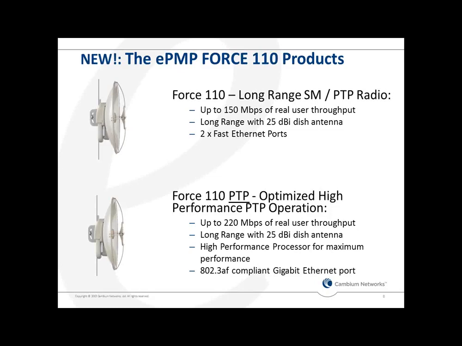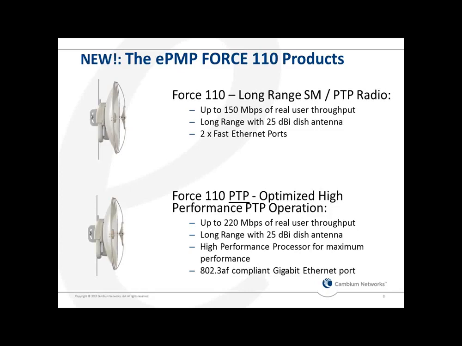The Force 110 utilizes what we call the unsynchronized connectorized radio with the dish antenna. And that radio is most often used as a long-range SM device or a point-to-point radio. It supports 2 fast Ethernet ports, and because it has a fast Ethernet port, the throughput limitation is 150 megabits per second.